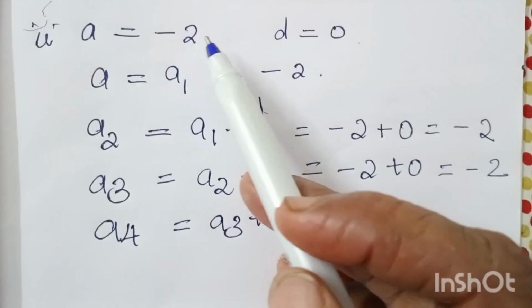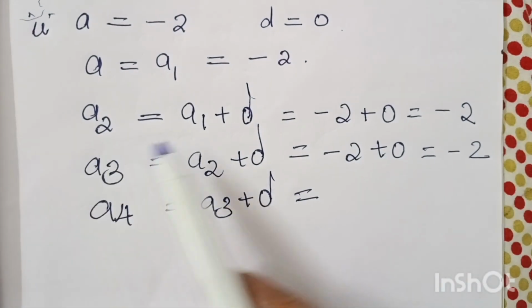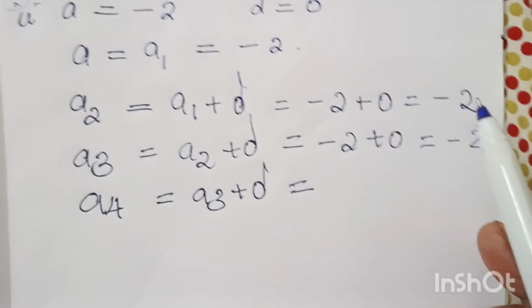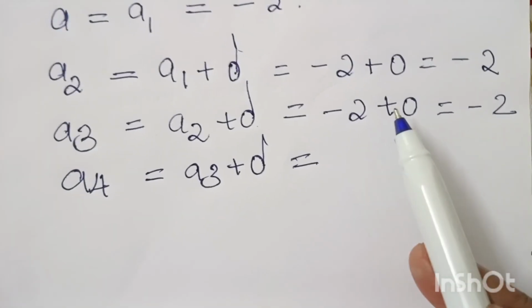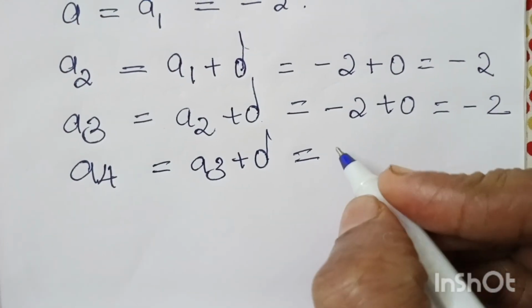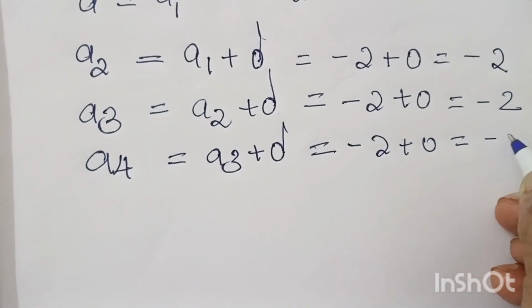Here a is equal to minus 2 and d is equal to 0. a1 is equal to minus 2. a2 is equal to a1 plus d, which is equal to minus 2 plus 0, which is equal to minus 2. a3 is equal to a2 plus d is equal to minus 2 plus 0, which is equal to minus 2. a4 is equal to a3 plus d is equal to minus 2 plus 0, which is equal to again minus 2.